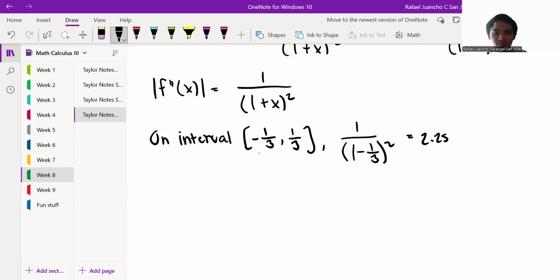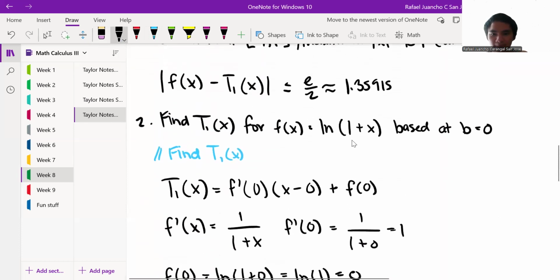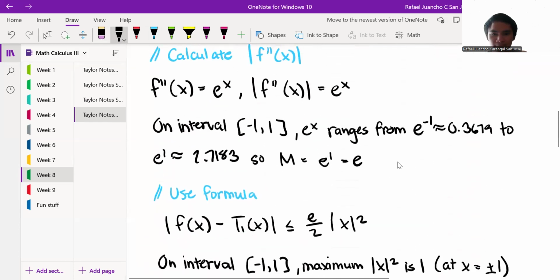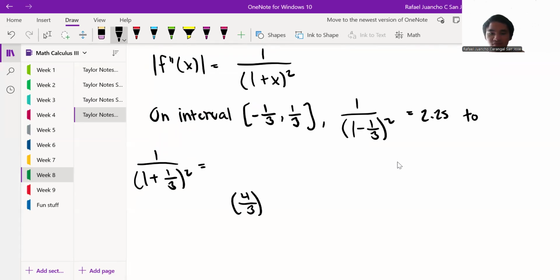Okay. 2.25 all the way to 1, oops, 1 plus 1/3 squared. Well, that's just 4/3, 4/3 squared, 16/9, 9/16.